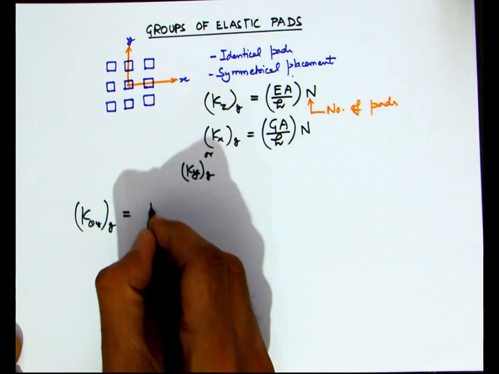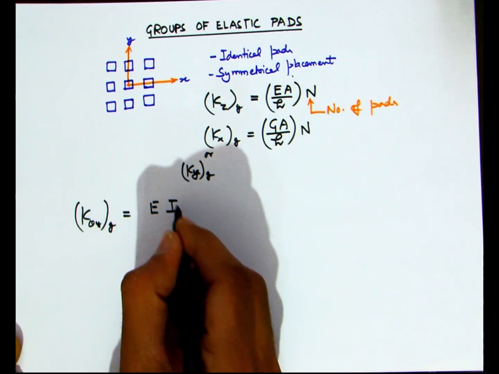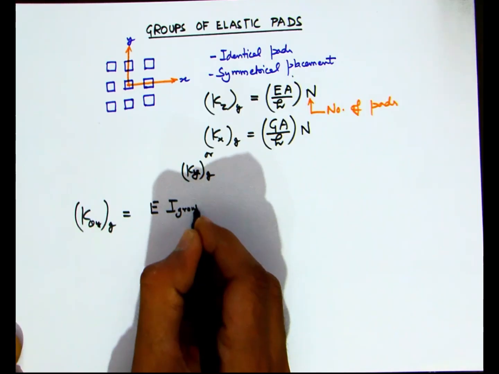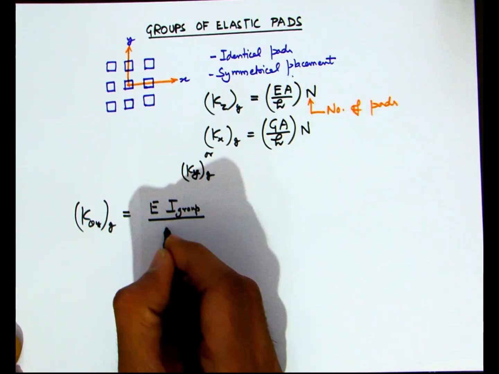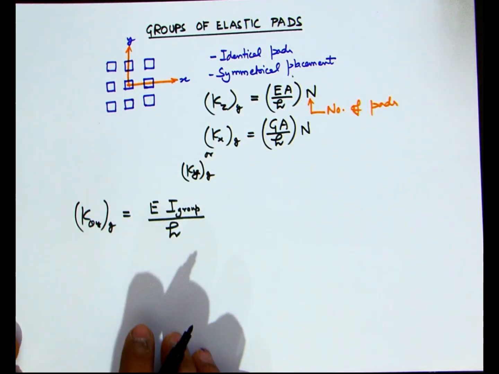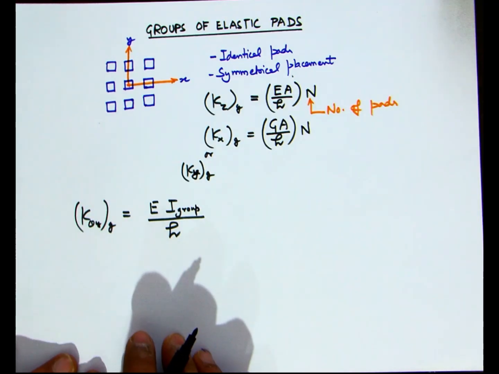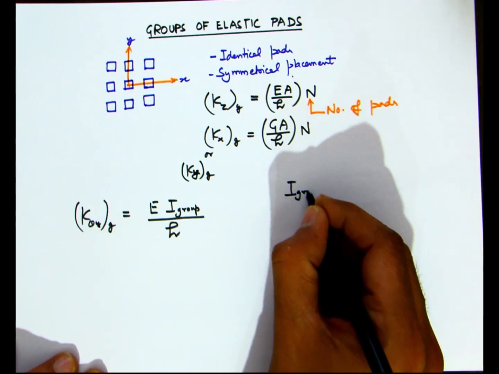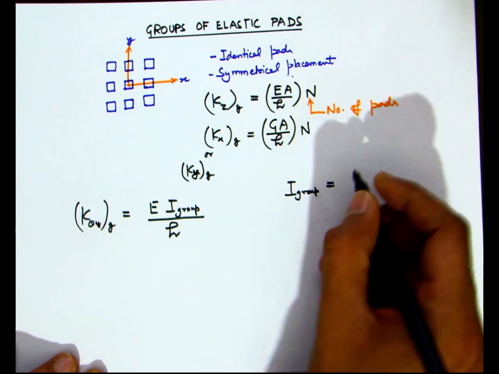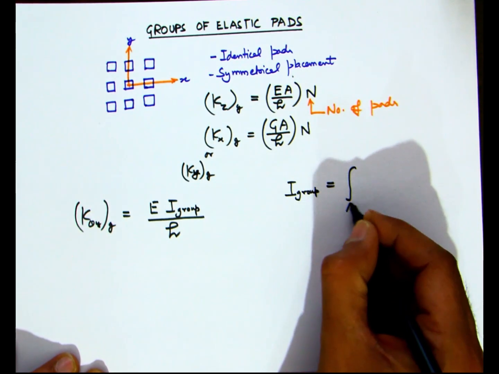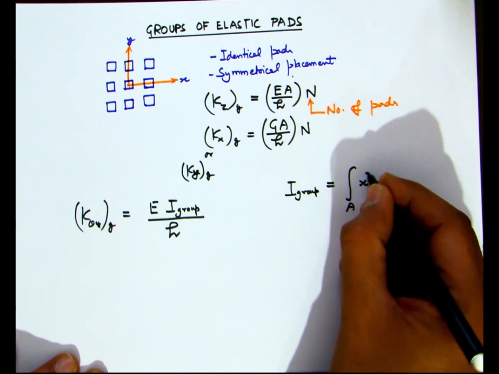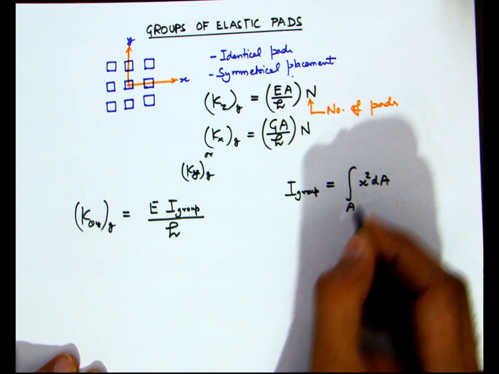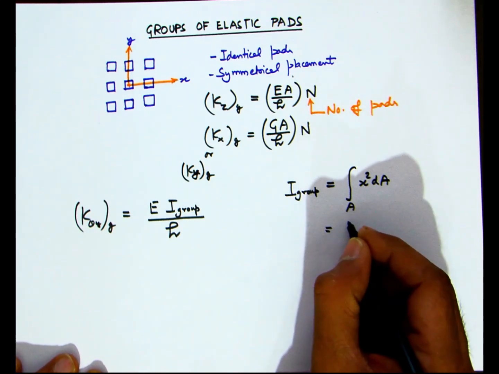Now coming to the bending stiffness, the expression for bending stiffness is basically I of the entire group multiplied by E and divided by the thickness H. Using the concept of solid mechanics, we can find a simplified expression for the moment of inertia about the y-axis of the entire group.